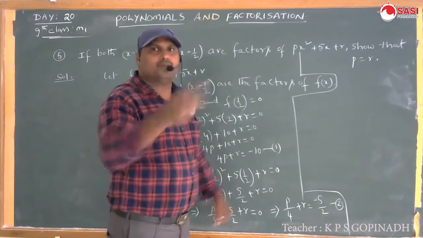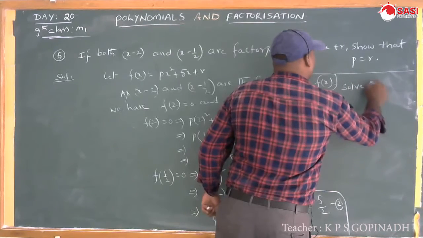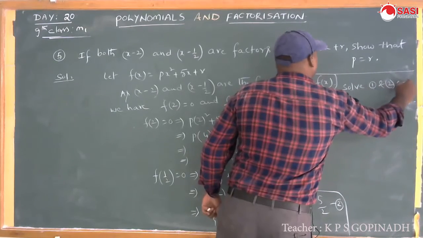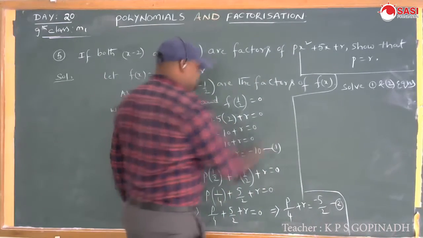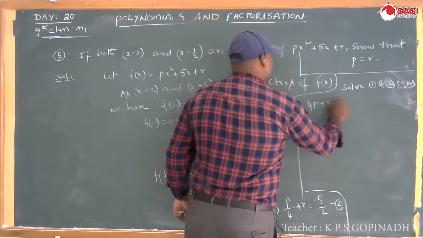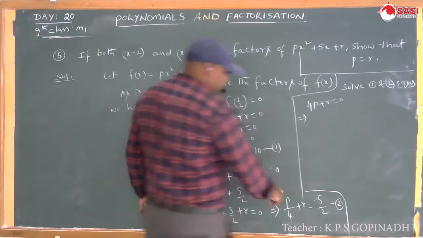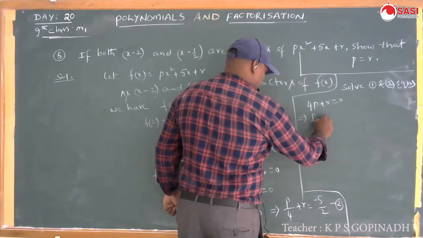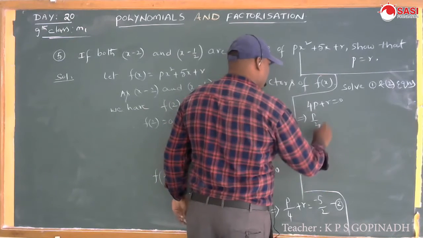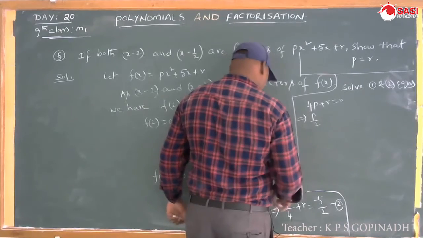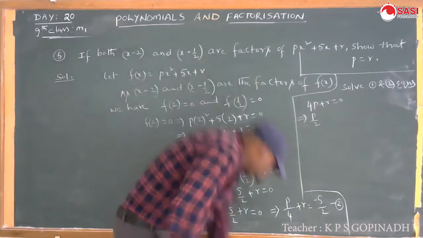Now solve both equations, the first and second equations. You want to show that p is equal to r, no? So do one thing.